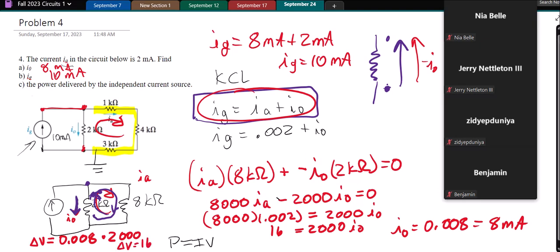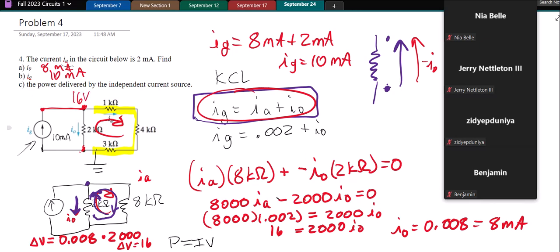But I want to be careful that I know which side is bigger than the other, because I just said that the change is 16. So I have that my current is going from top to bottom, and it's a positive current, so that means that my voltage on top is greater than my voltage on bottom.